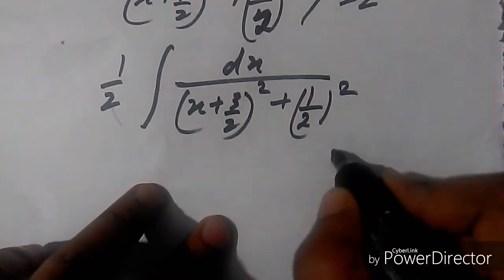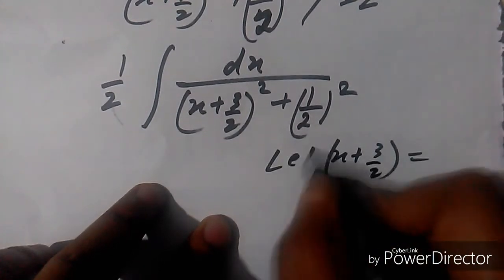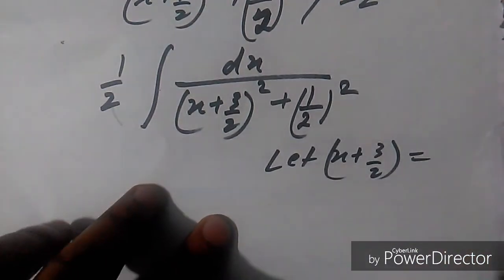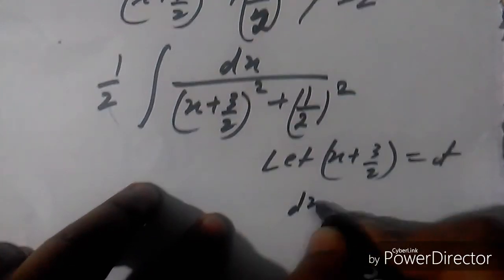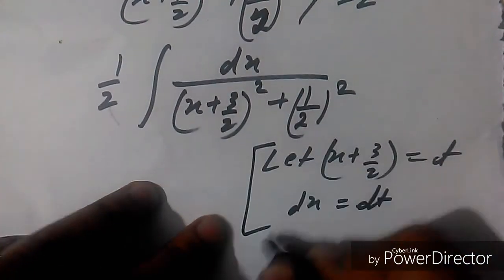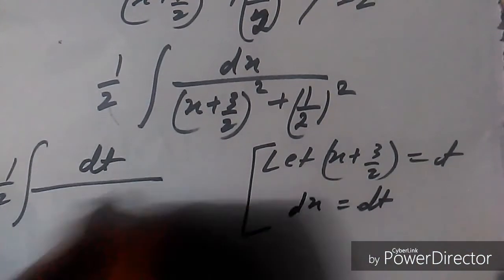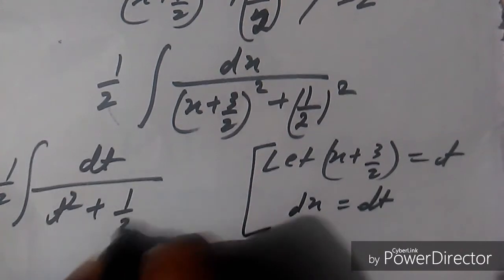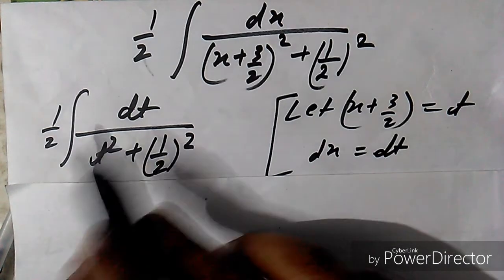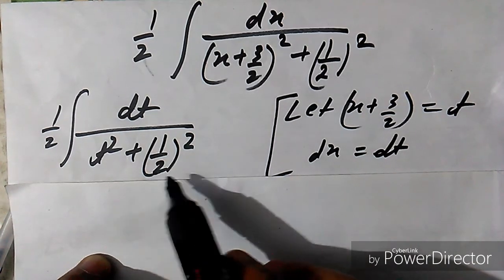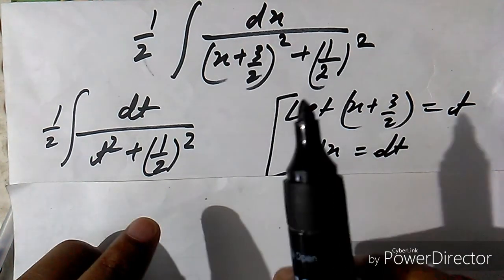formula. Suppose x plus 3 by 2 is equal to t and dx is equal to dt, then the equation will come, that is dt by t square plus (1 by 2) square, and that equation 1 by 2 dt by t square plus (1 by 2) square is converted into formula type.